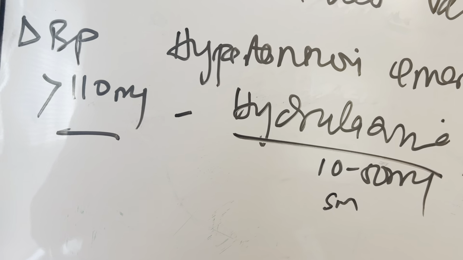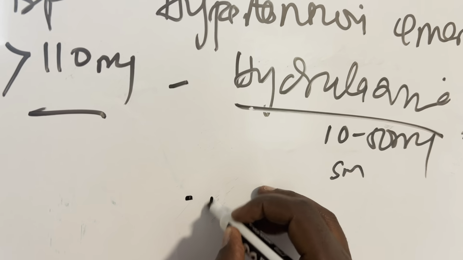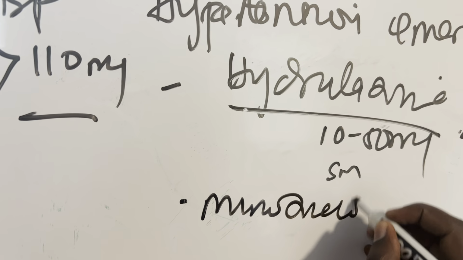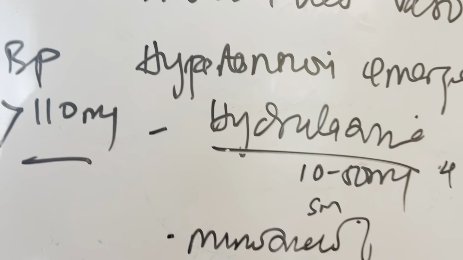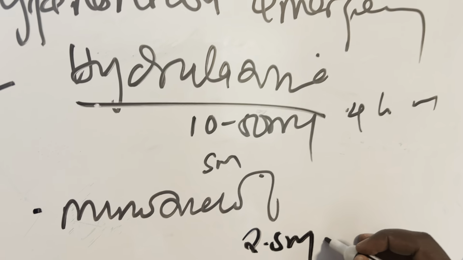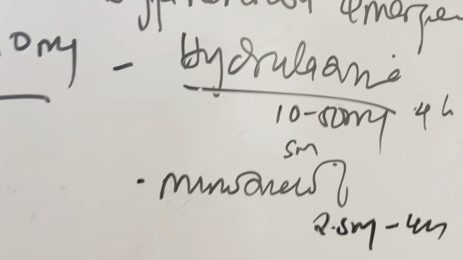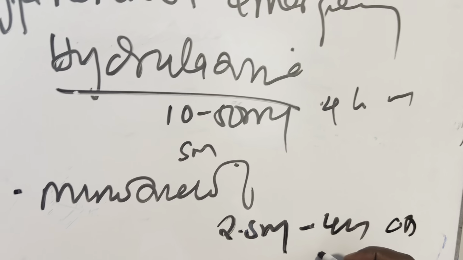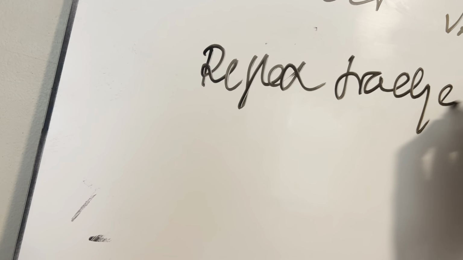And then we have minoxidil. Minoxidil can be given from 2.5 milligram to 40 milligram orally, OD or TDS. So what are the side effects? They cause reflex tachycardia, and then they can cause fluid retention.